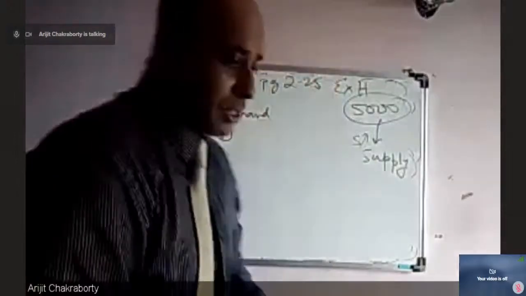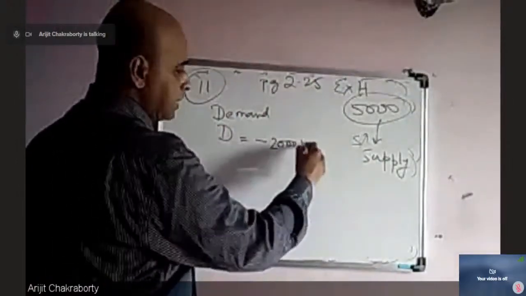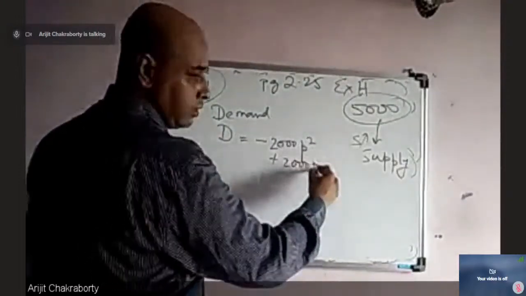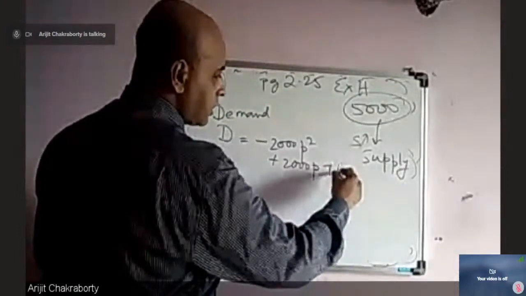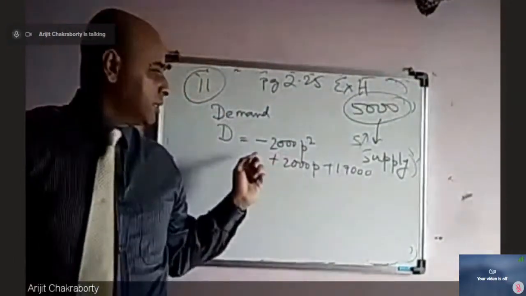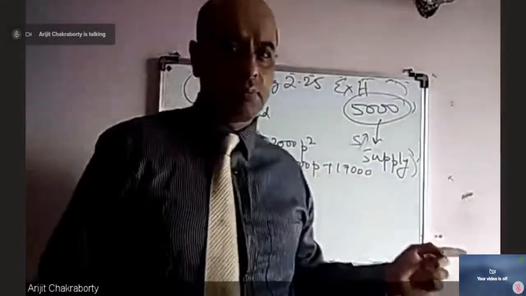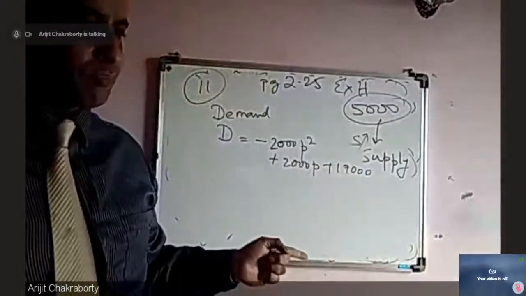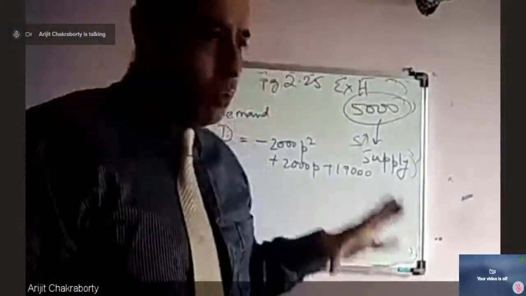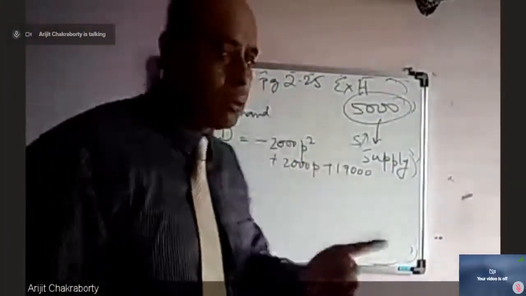So the demand curve is given by minus 2000 P square plus 2000 P plus 17,000. So the question is, what is the price per bottle that will result in zero inventory?